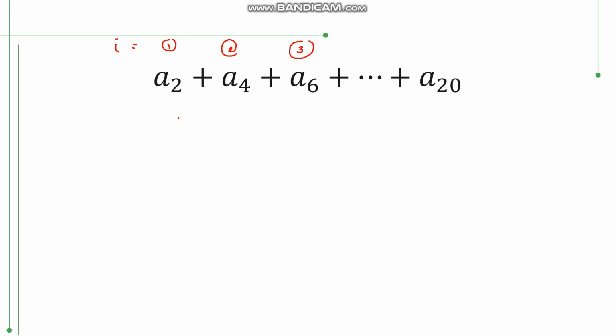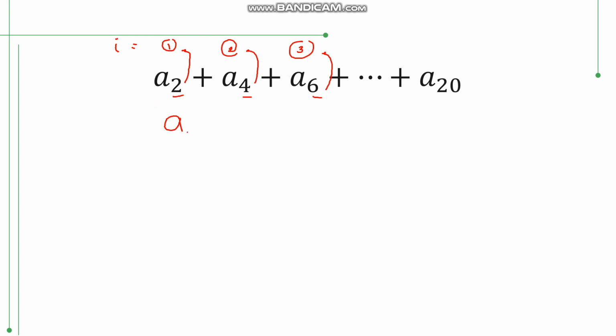As you notice, we all have a for our term. And the only thing that changes are these numbers right here. Now, how are these numbers related with the values of i that we will use? Again, if i is 1, we have a sub 2. If i is 2, we have a sub 4. If i is 3, we have a sub 6. So as you can see, we just have to multiply i by 2 to get the sub numbers here.